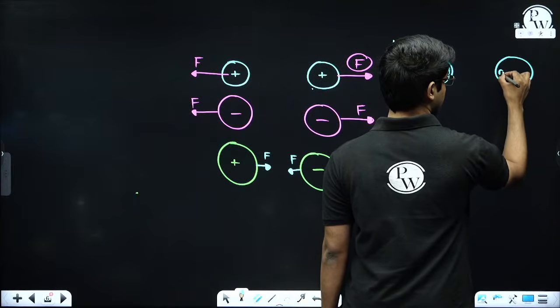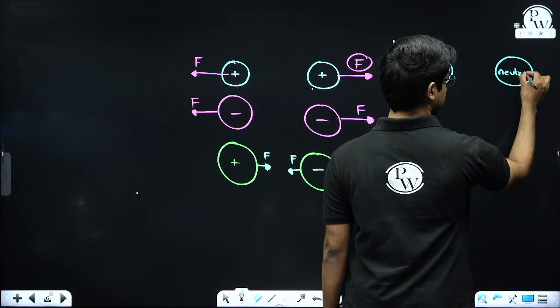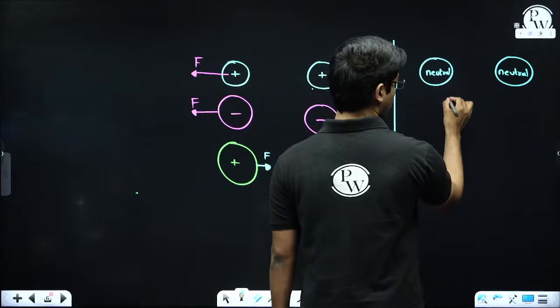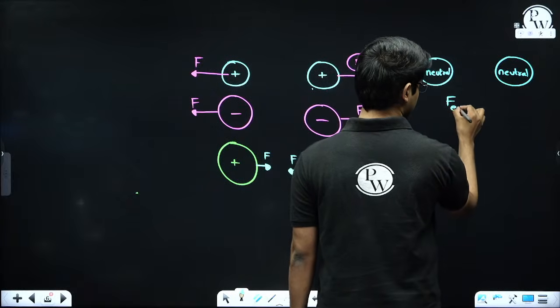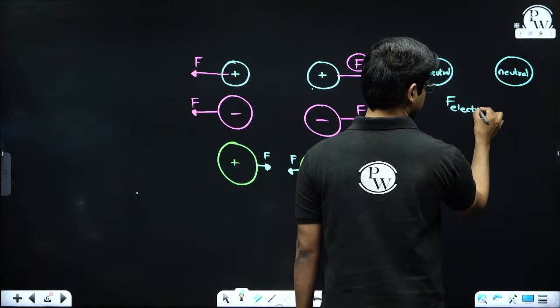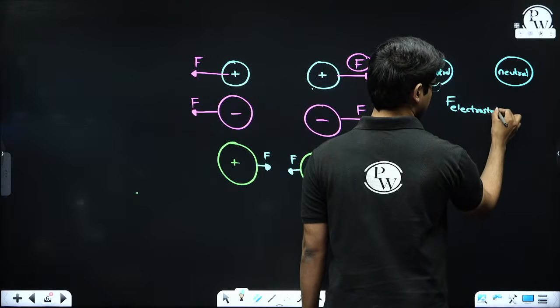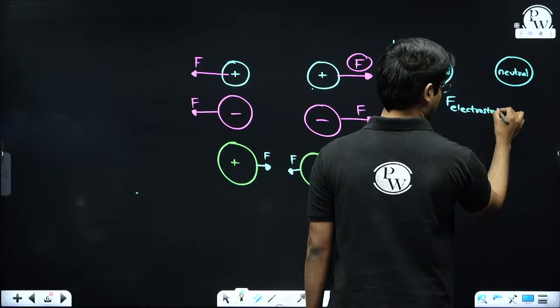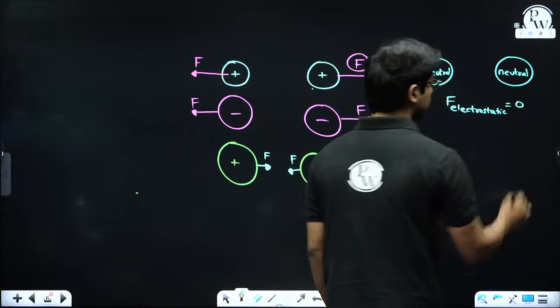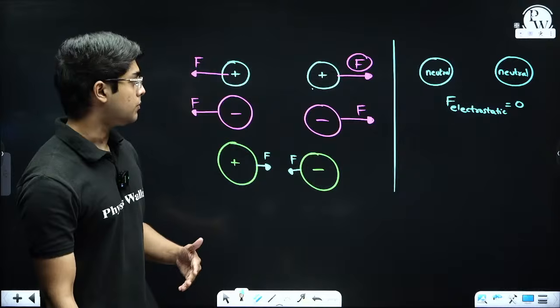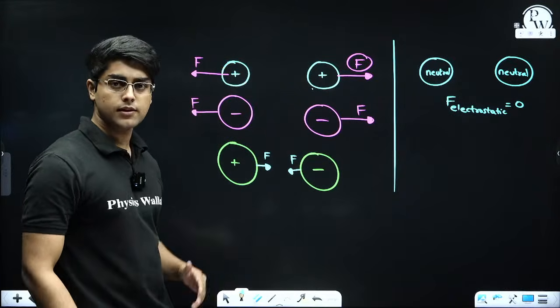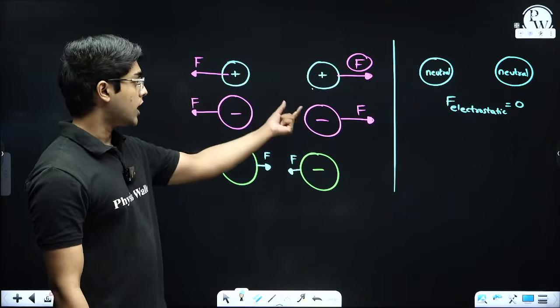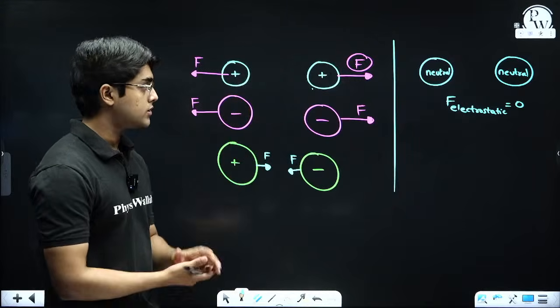If we take two neutral bodies, there is no electrostatic interaction or electrostatic force. For electrostatic force to be present in the system, there must be charges present. Without charge, they cannot interact electrostatically.